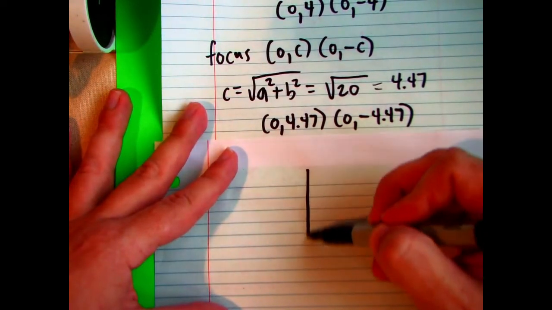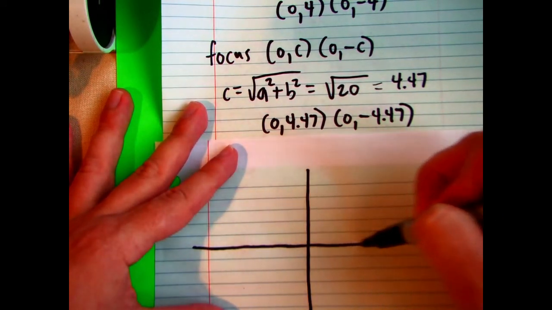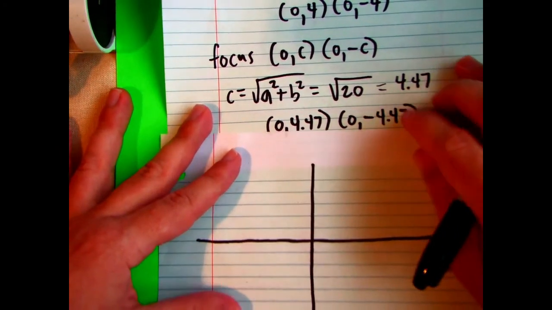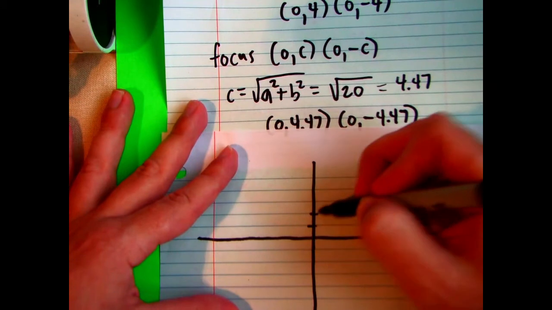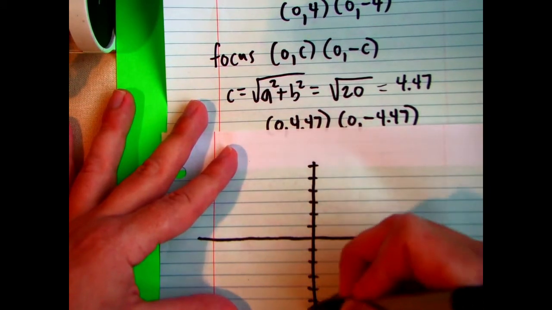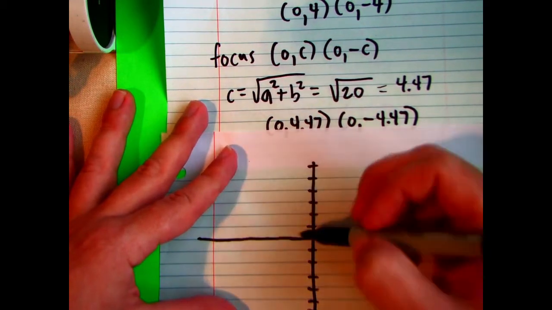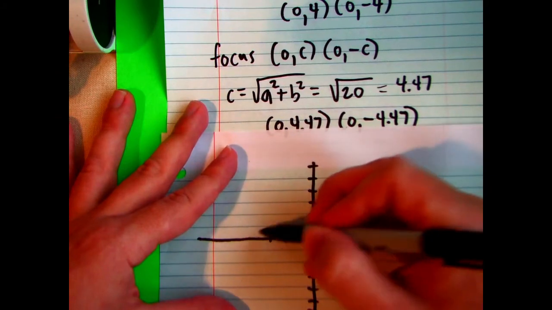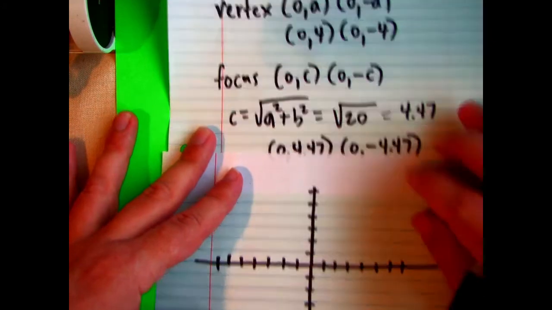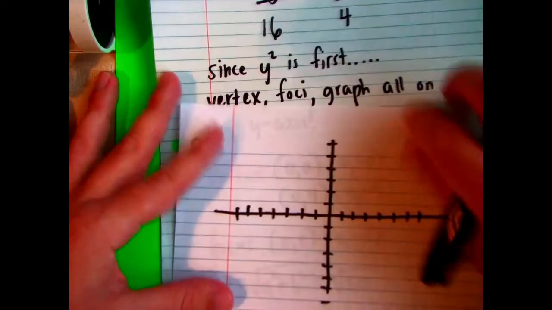Okay, so I'm going to get ready to sketch here. I'm going to set up my axes. And the first thing I'm going to draw here in a moment is my rectangle. So another key difference when y squared is first, my rectangle is going to have a height of 2a and a width of 2b.